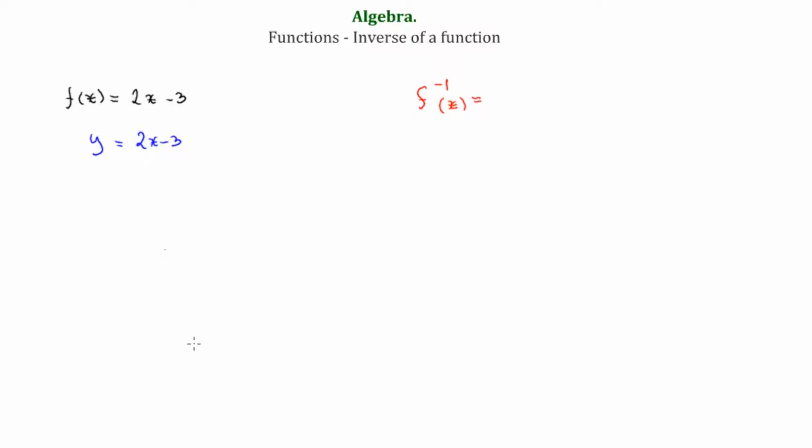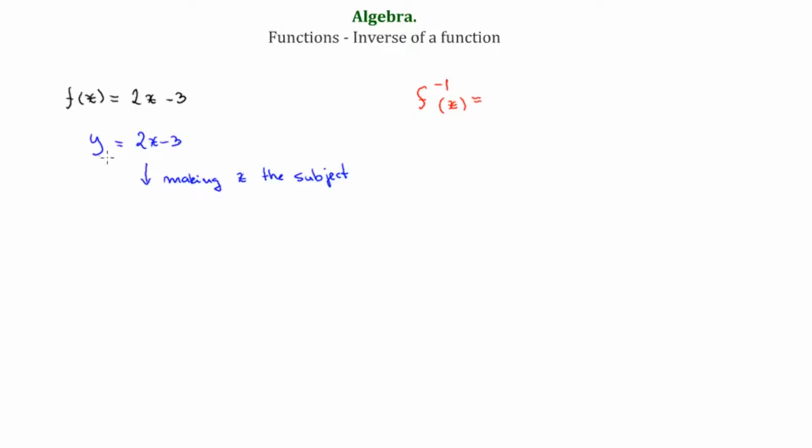In order to find the inverse of the function f, we need to find the function that basically undoes the effects of the function f. So what we will be doing is making x the subject of this identity. So let's start.